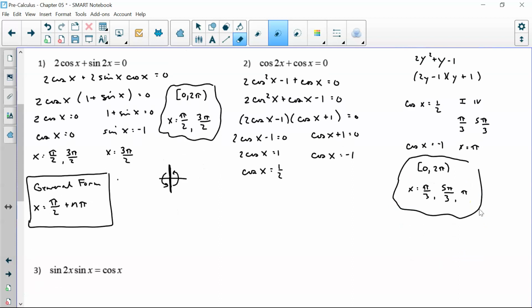Now, when we write this in general form, thinking about the unit circle where these angles are, here's pi over 3, and 5 pi over 3 is here, and here is pi. Now, what happens is these are 2 pi over 3 apart.